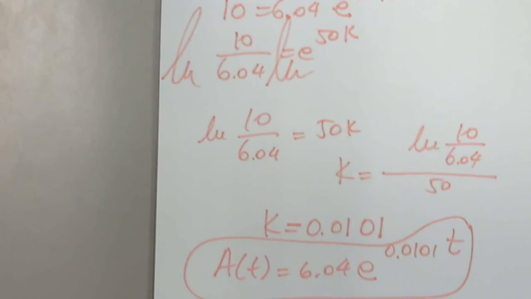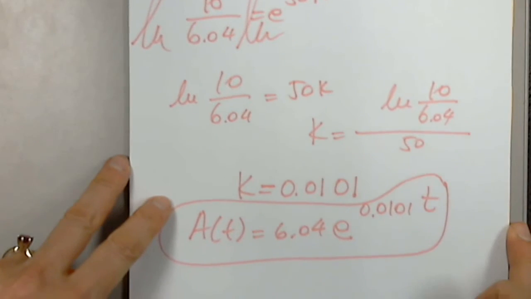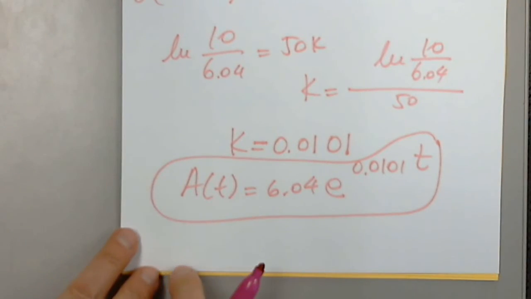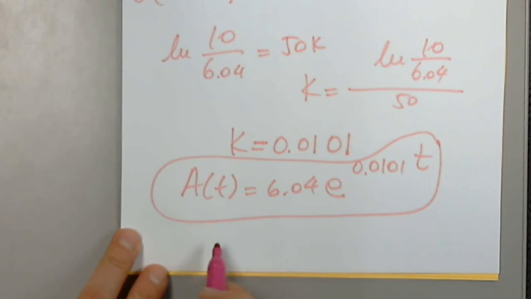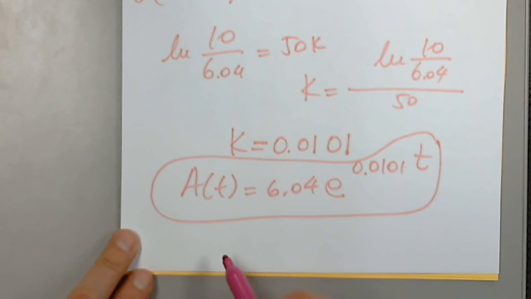Okay, final question here. This problem is asking us to find when the population will reach 8 million. f of t equals 6.04 e to the 0.0101 t. What do I have to write? Just plug in 8 for e?